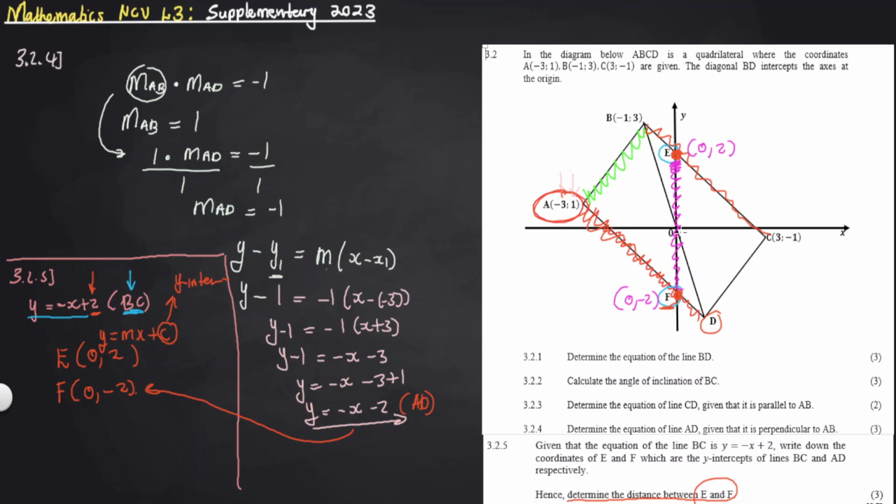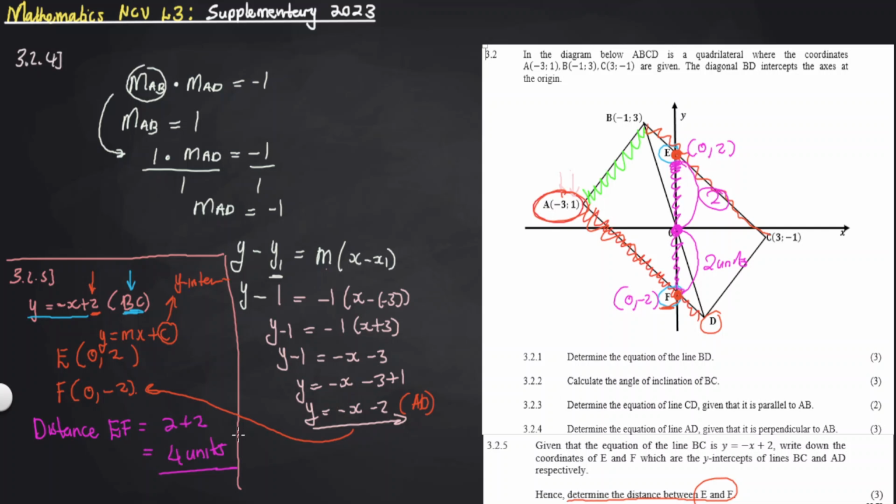The distance from the origin to E is 2 units, and from the origin to F is also 2 units. So the distance between E and F is 2 plus 2, which is 4 units in total.